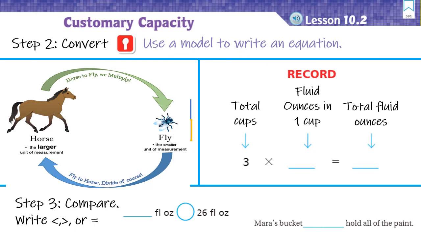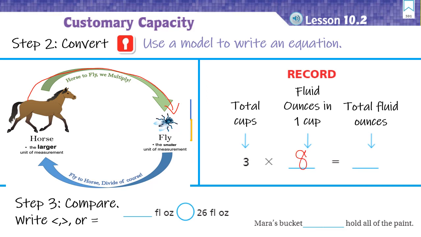Okay, so this is how we would solve this problem. First, we have to find out how many fluid ounces are in 3 cups. So we're going from cups to ounces. So horse to fly, cups to ounces. Cups is our horse, and we have 3 of them. And we just found out that there are 8 ounces in 1 cup.